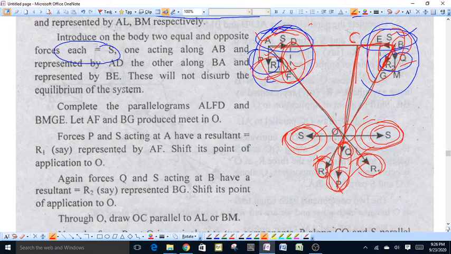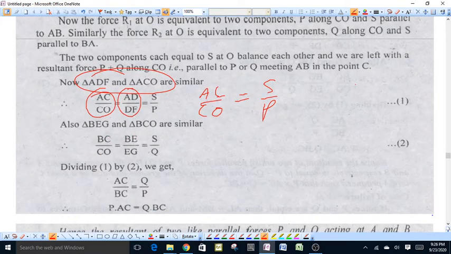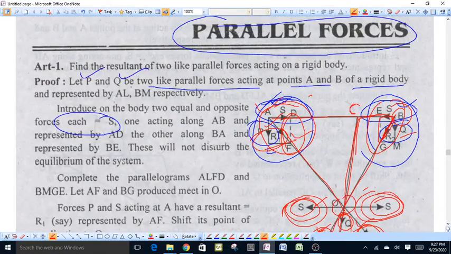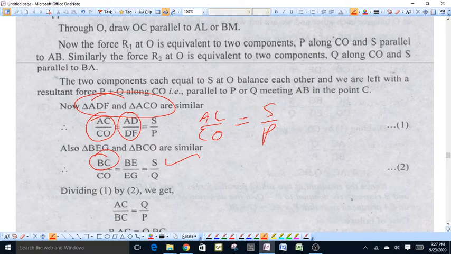These two triangles are similar, therefore the ratio of corresponding sides will be equal. BC upon CO will be equal to BE upon EG. BE is equal to force S, and EG is equal to force Q.